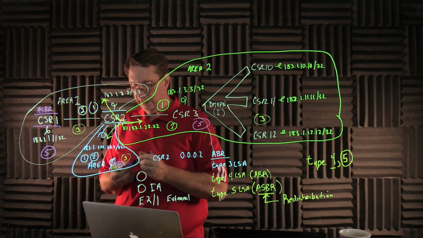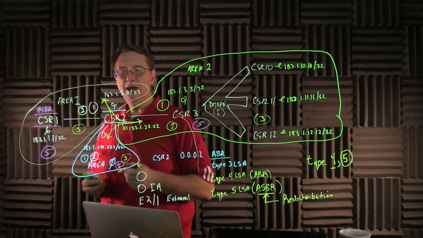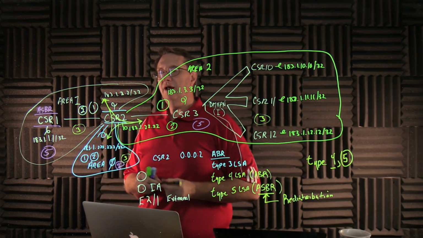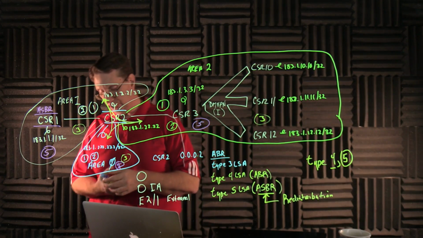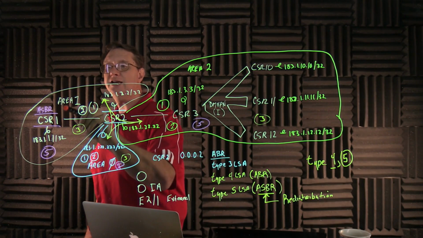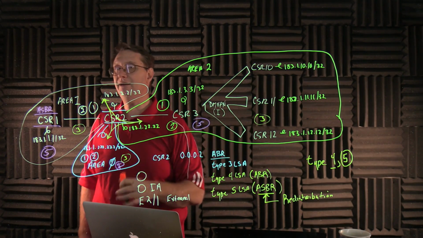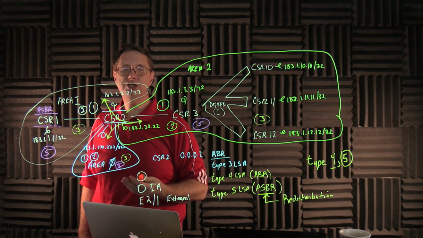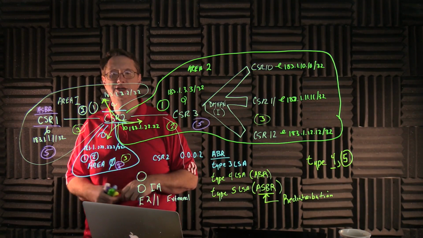And it is also equally important, go ahead and just draw the third leg of this. It's also equally important that when an area where redistribution takes place, like area 1, knows the ASBR is here, it knows that these devices inside of these other areas lack information as to where I send data that needs to go to a particular ASBR.